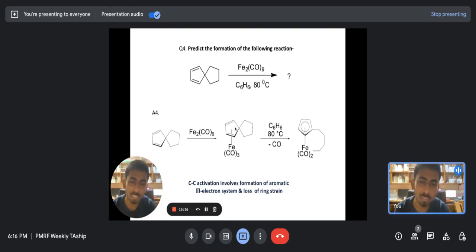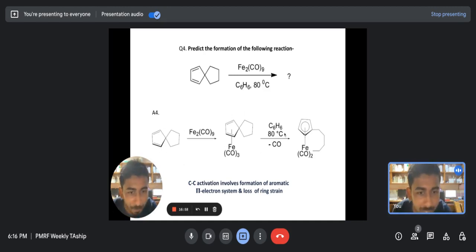This is a 4-electron donor, so 8 plus 4 is 12, and with 3 CO, each donating 2 electrons, 12 plus 6 is 18 electrons. So this complex is an 18-electron system. From Fe2(CO)9, by treatment with this 1,3-butadiene spiro compound, we get this compound.